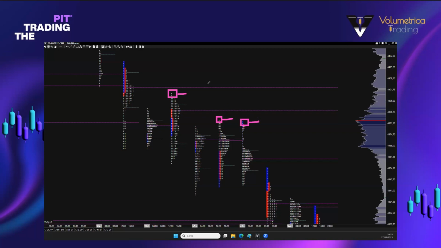Of course, this isn't exactly the case when we have 2 prints or more on a low or on a high. This is at least 2 overlapped prints. In this case, we have no prints here. Also here, we have 2, this one, 2 overlapped prints at the very low of the day.